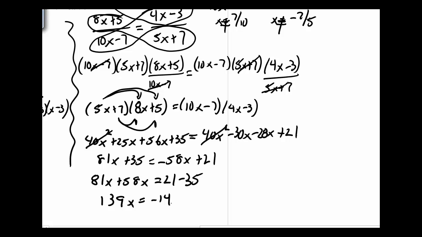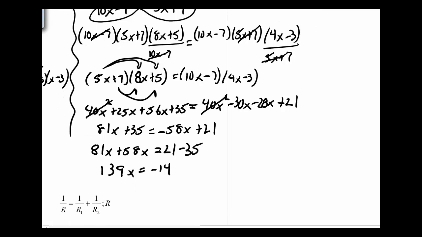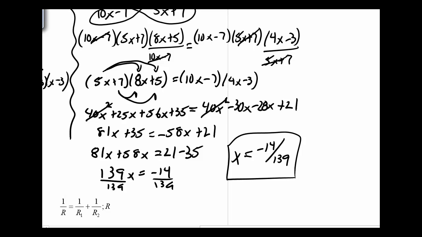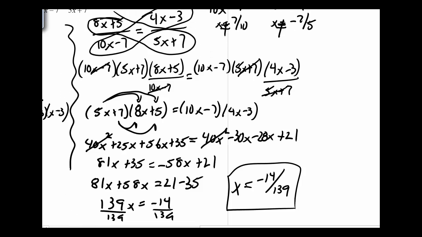From here we want to divide by 139. So x happens to be negative 14 over 139. And that's a perfectly good answer. There's nothing wrong with that at all. Now notice it wasn't either of the two values that we said I can't end up with. So there actually is a solution to this one, and it's just that interesting looking fraction.